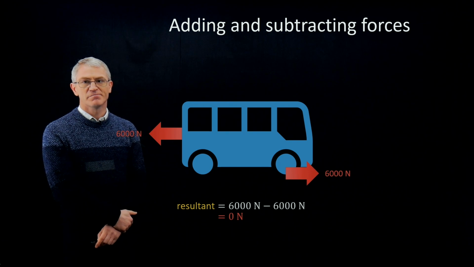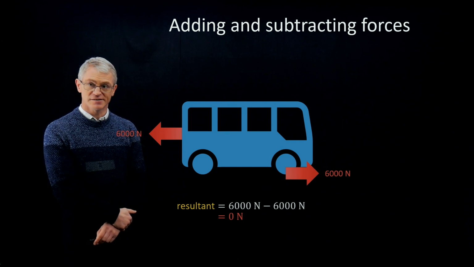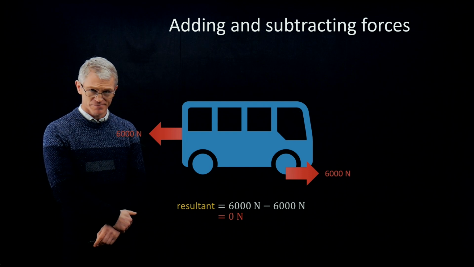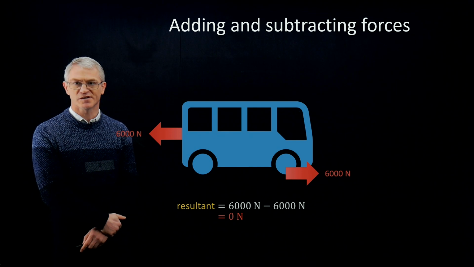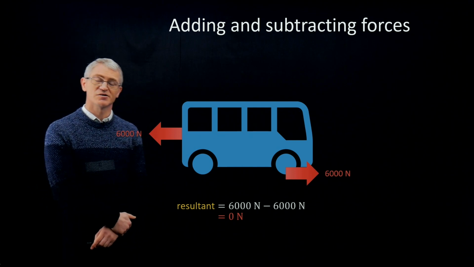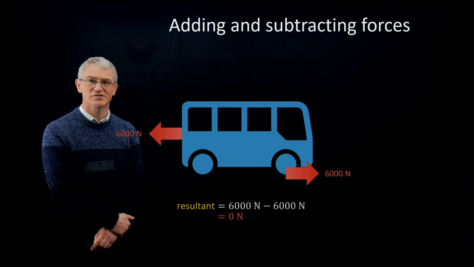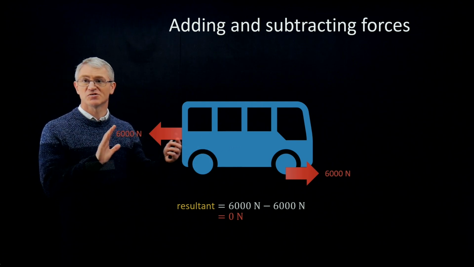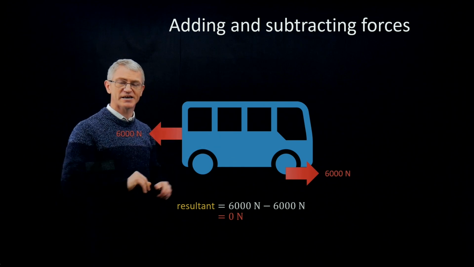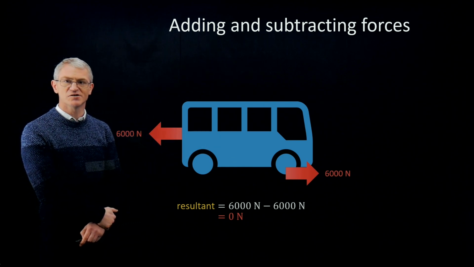It could be that the bus is completely still, not moving anywhere, because if something's pulling it back at 6,000 and going forward at 6,000, it could not be moving anywhere. The other option is that it's going at a constant speed. If it's got the same force going forward as going backwards, and the object is already moving, it will be going at a constant speed. We'll talk about that in other videos.